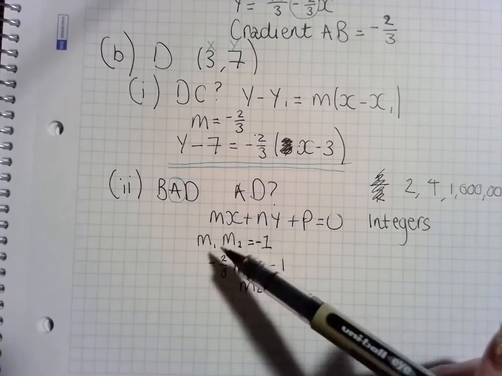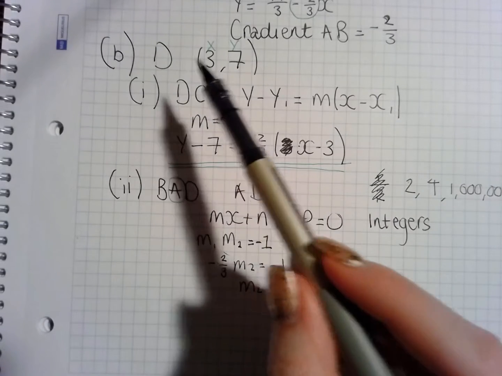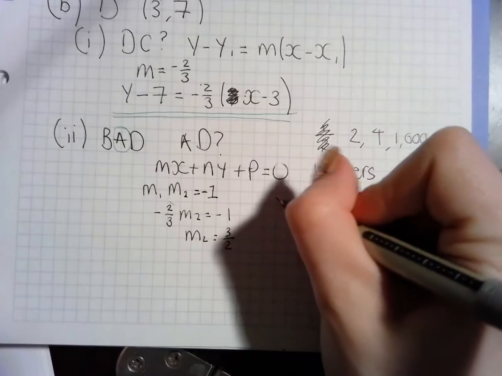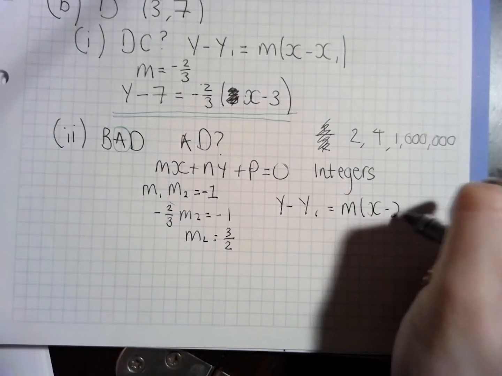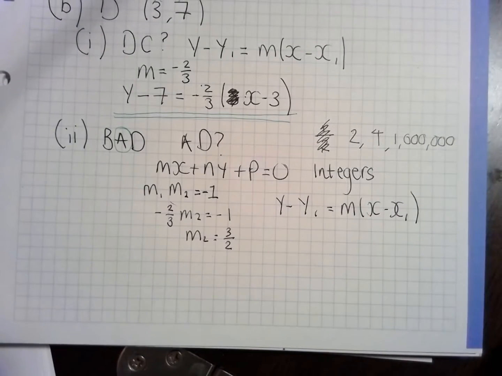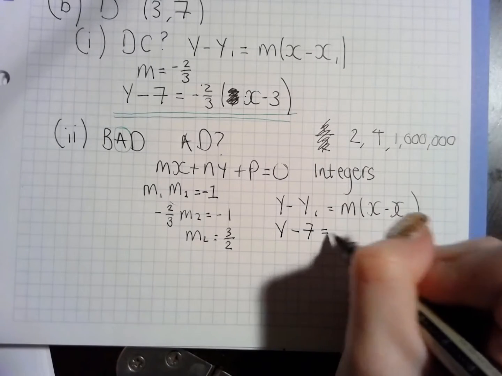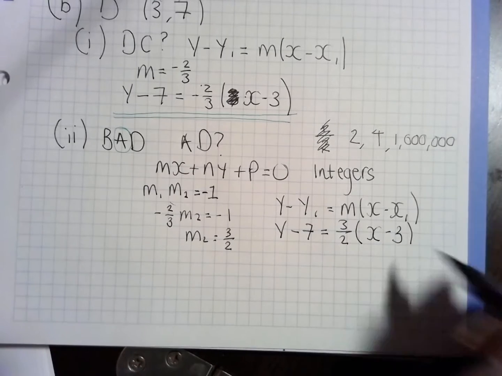So we know the gradient of AD is 3/2, and we know that the point D is 3, 7. So using this equation again, y minus y1 equals m times x minus x1, we can plug all of this in. So y minus 7 equals 3/2 times x minus 3.